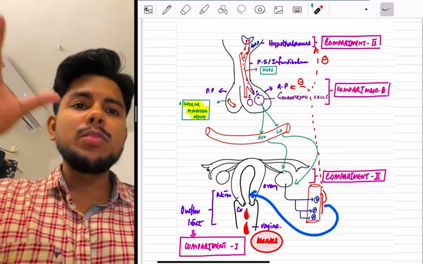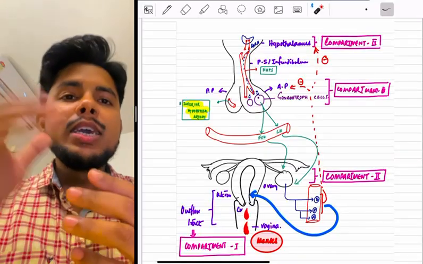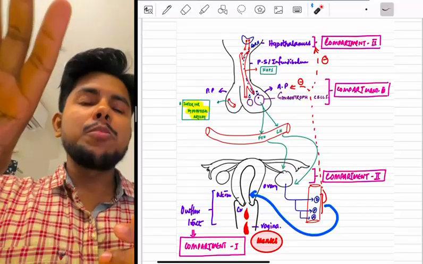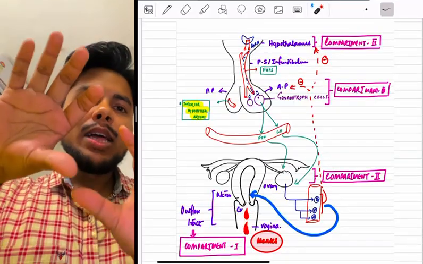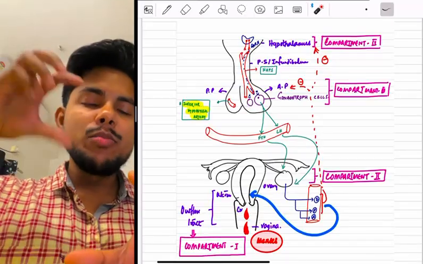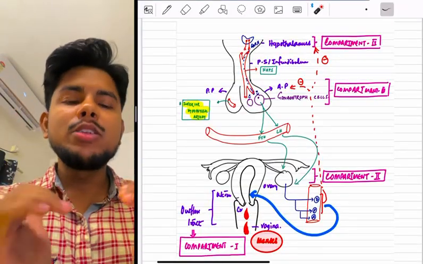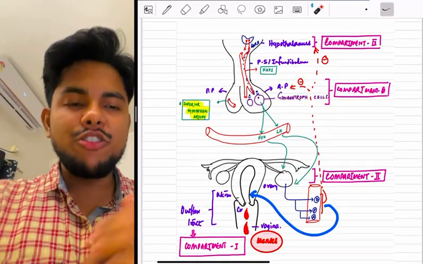We have the hypothalamus, and the arcuate nucleus in the hypothalamus releases GnRH. GnRH enters the hypothalamo-hypophyseal portal system and reaches the anterior pituitary gland. It stimulates the gonadotrope cells. Once stimulated, they release FSH and LH.